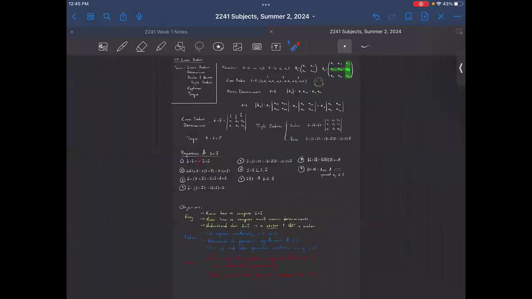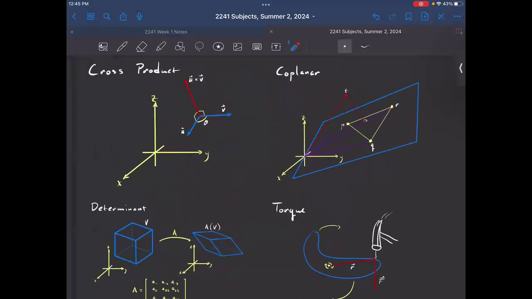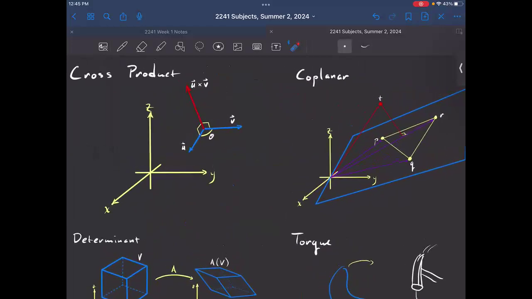All right, next up, let's look at our terms. So the terms, the cross product here, here's a picture of what the cross product is doing. So you're given a vector u and a vector v. They're at some angle theta. What does the cross product do? Well, it creates a new vector, this red one, that is perpendicular to u and perpendicular to v.